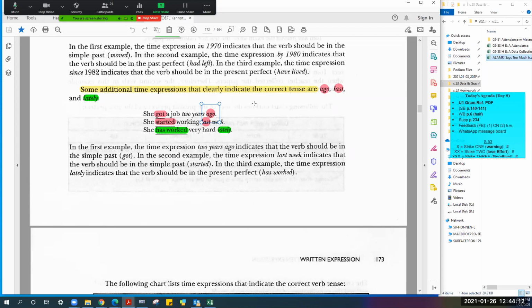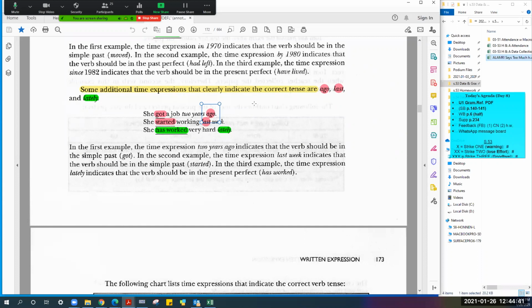You're translating directly from Arabic, right? And you say, she got a job before 2 years. This is how you talk in Arabic. So you translate this directly to English. But native speakers, we don't say that.